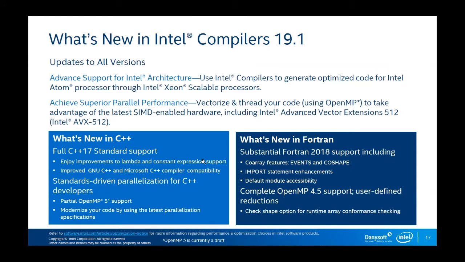What are the main novelties in the 2020 version of this suite? Well, the first thing that I would like to present is that although the version is 2020, the compiler version is known as 19.1. All the updates are done in that version, and one of the novelties from the point of view of the compilers is that all the improvements of the architecture are also included.